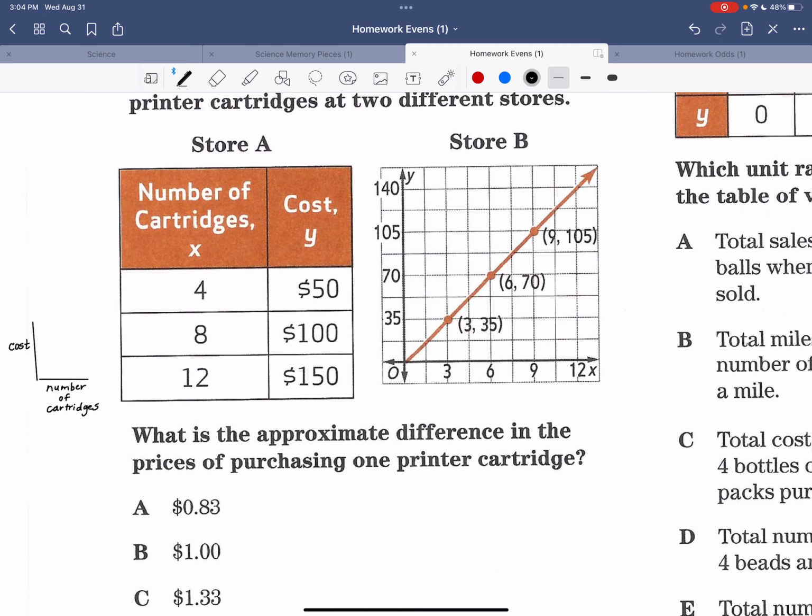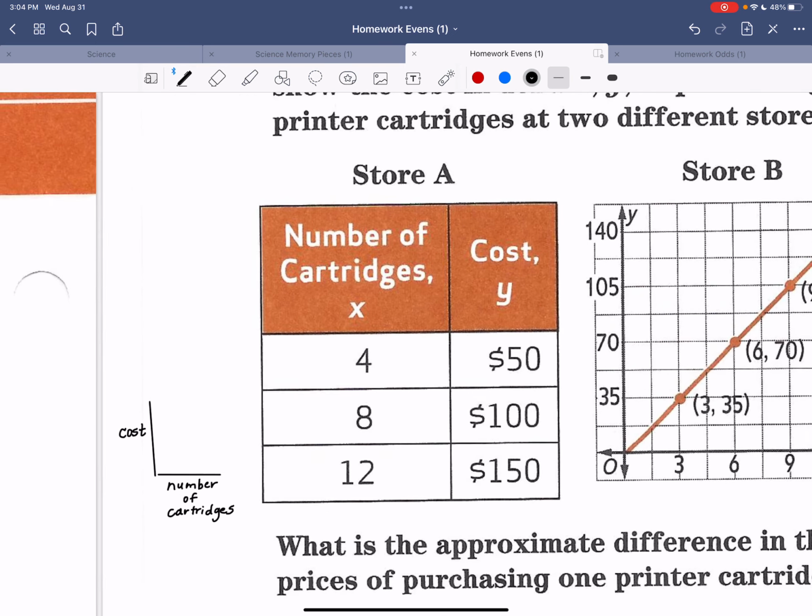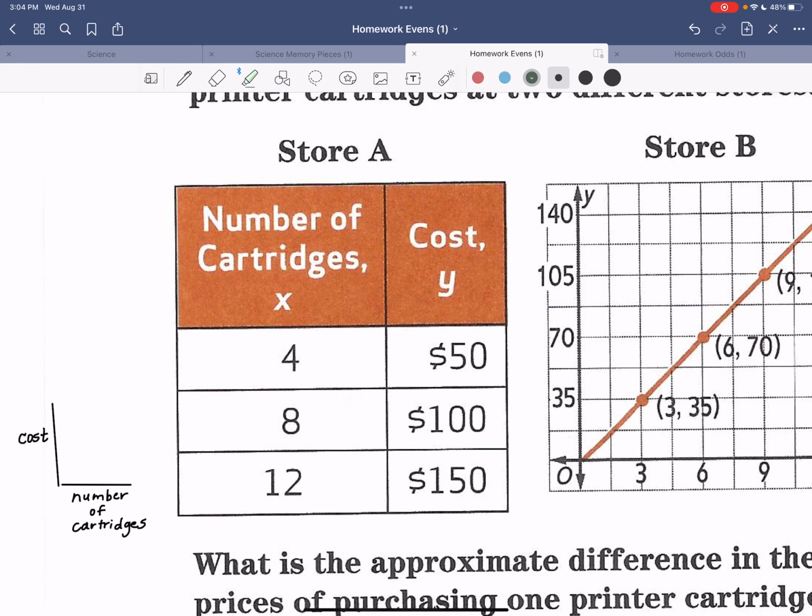So, neither of them show me a unit rate, so I'm going to find a unit rate. This one is 4 cartridges for $50. So let's break that down to 1 cartridge and see what we come up with. So you have $50 for 4 cartridges. How much for 1 cartridge?